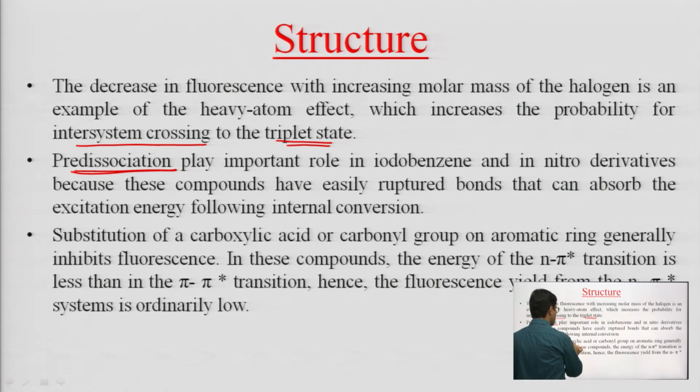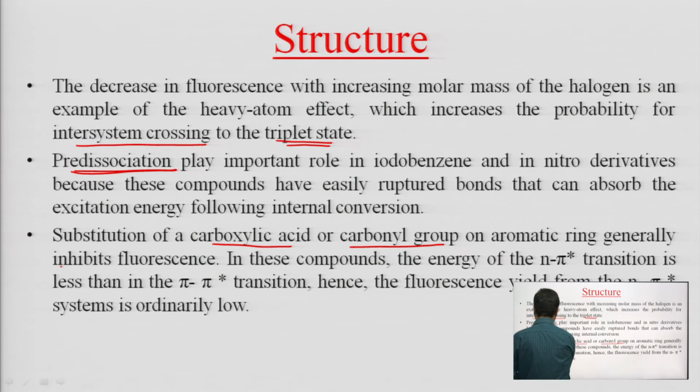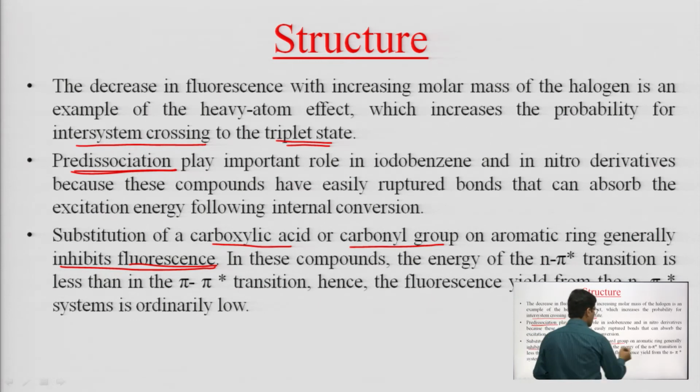Substitution of a carboxylic acid or a carbonyl group on an aromatic ring generally inhibits the fluorescence, and in this case you can see that carboxylic compounds and carbonyl compounds have n to pi star transitions that we have already discussed.